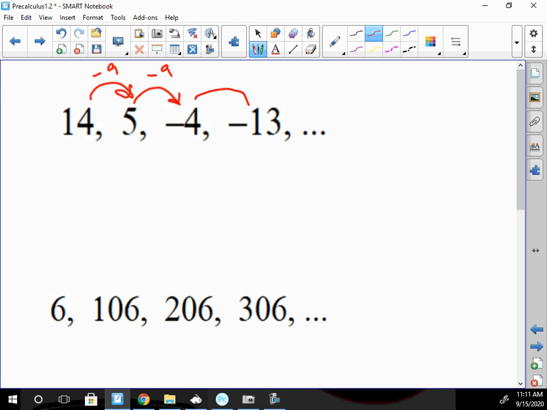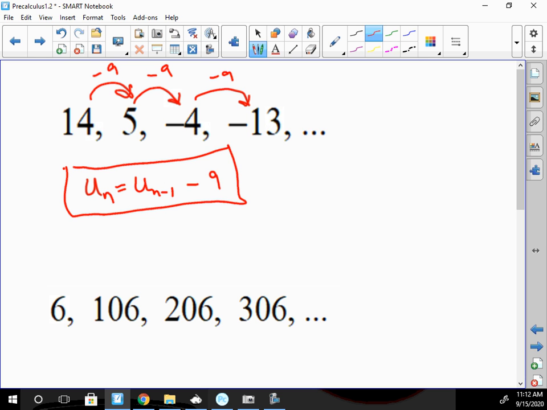Negative 4 minus 9 gives me negative 13. So when I write this sequence, u sub n equals u sub n minus 1. Now am I adding something? I would be adding a negative, which is the same as subtracting 9. That's my answer. u sub n equals u sub n minus 1 minus 9.